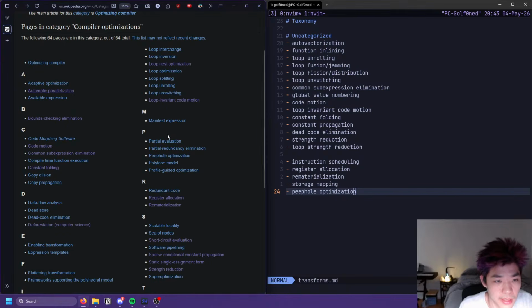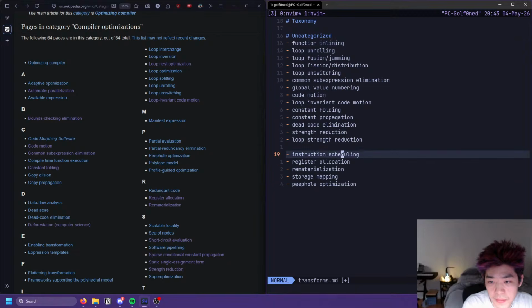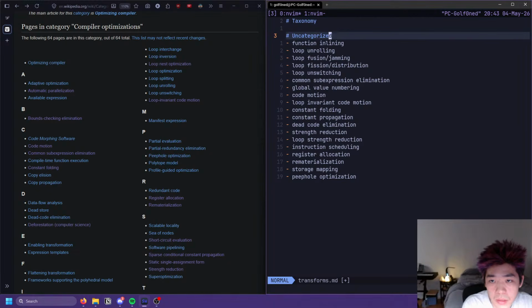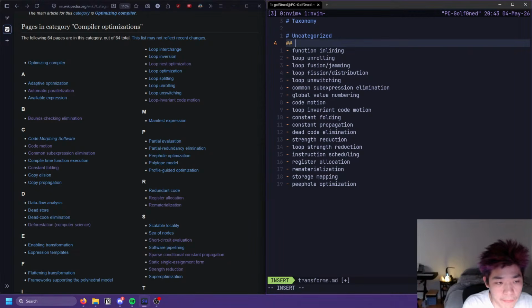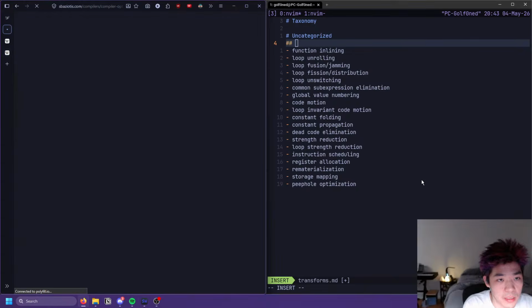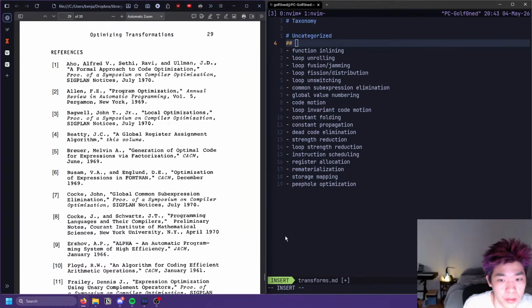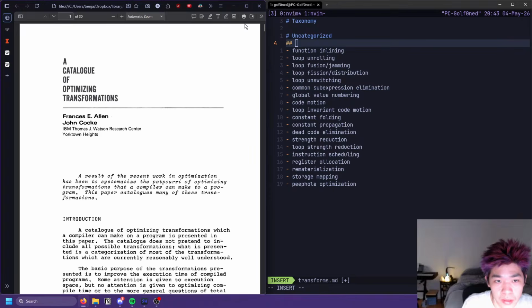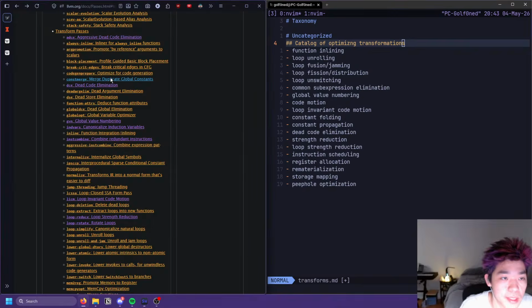Okay, that makes sense. So let's... Okay, so this is the whole pile from... What's it called? The paper. Catalog of optimizing transformations. So that's where that's from.